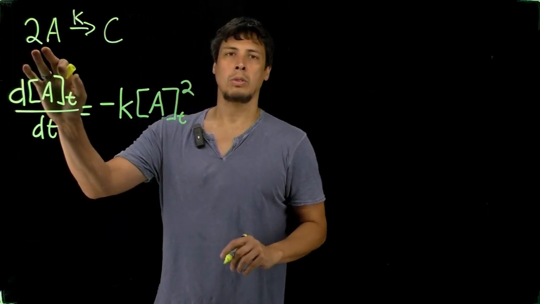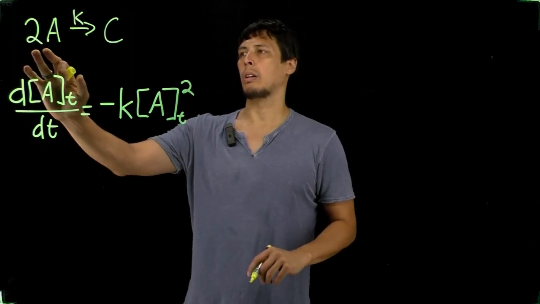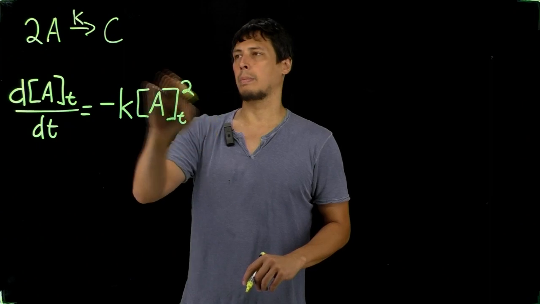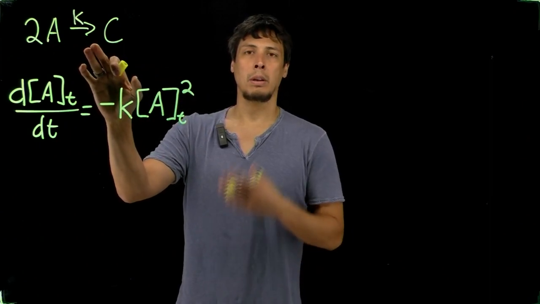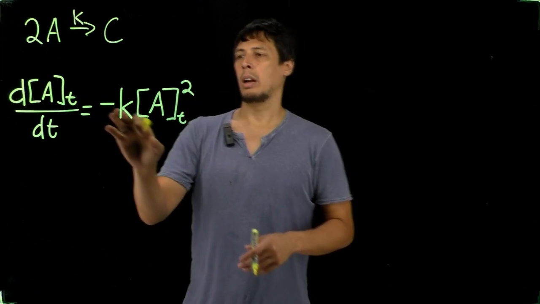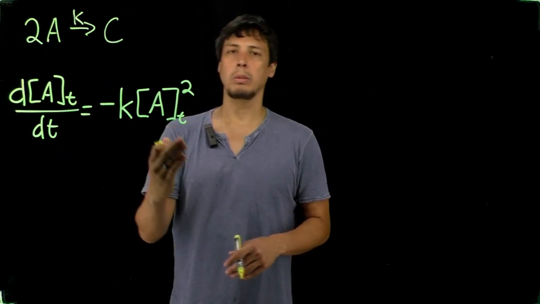And that's because two molecules of A are required to react with each other. So the molecularity, if this is the only step for this reaction, is going to be to the power of 2. And then the negative sign is because we're consuming A.